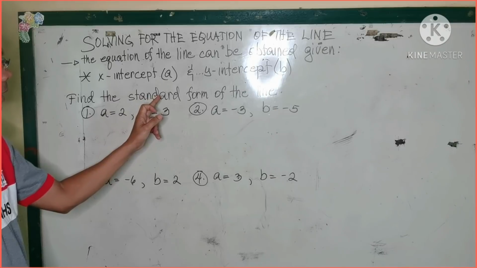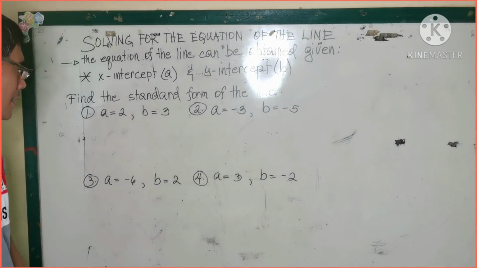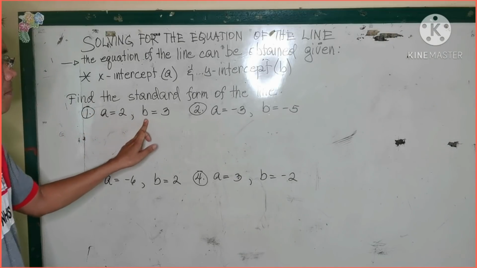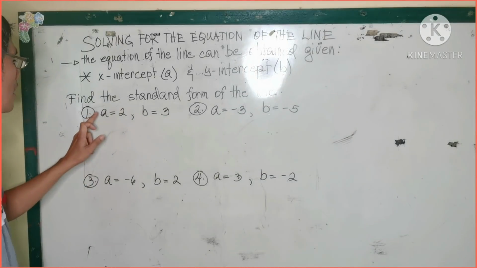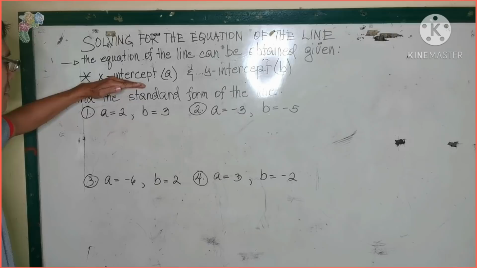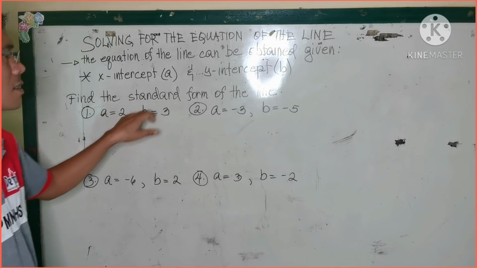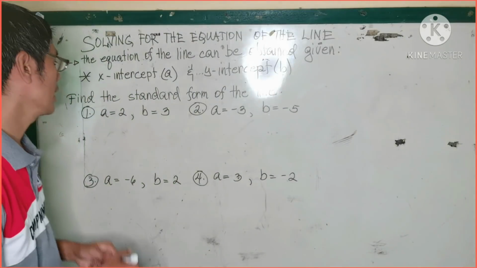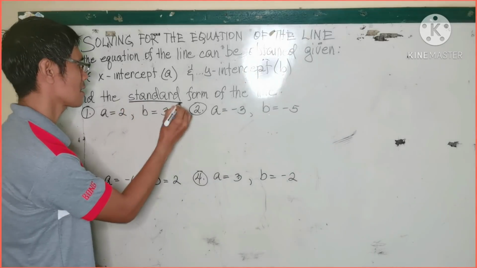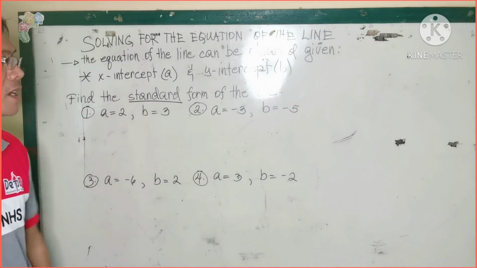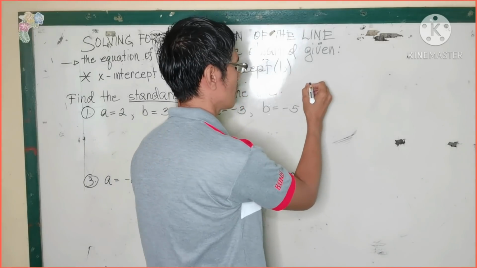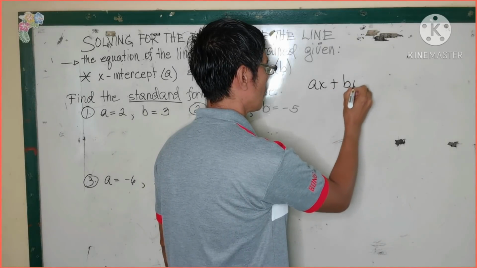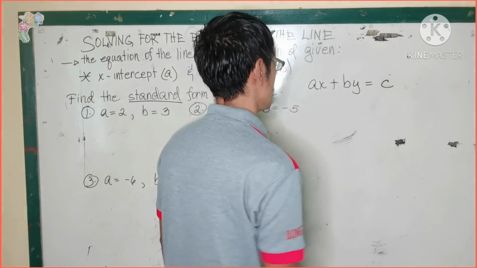Find the standard form of the line. So number one, you're given A is equal to 2 and B is equal to 3. This A here is our x-intercept, which is 2, and B is our y-intercept, which is 3. By the way, it says in the direction is standard form. So if we may recall, the standard form of the equation of the line is ax plus by equals c.